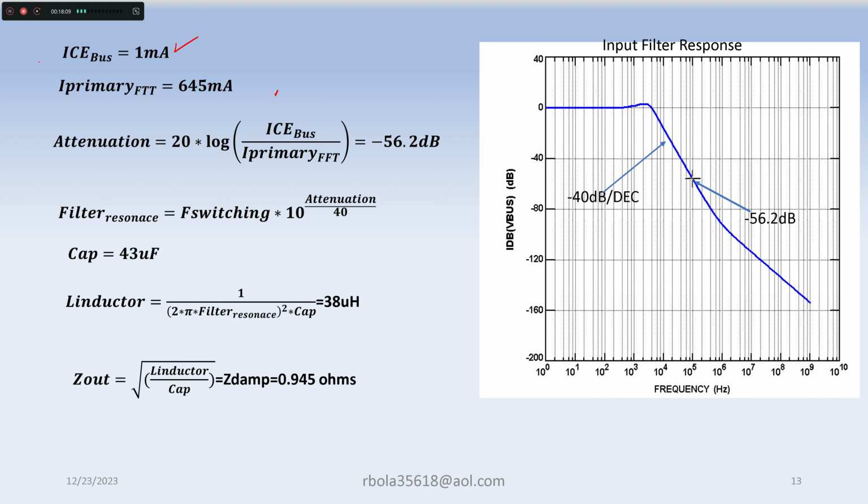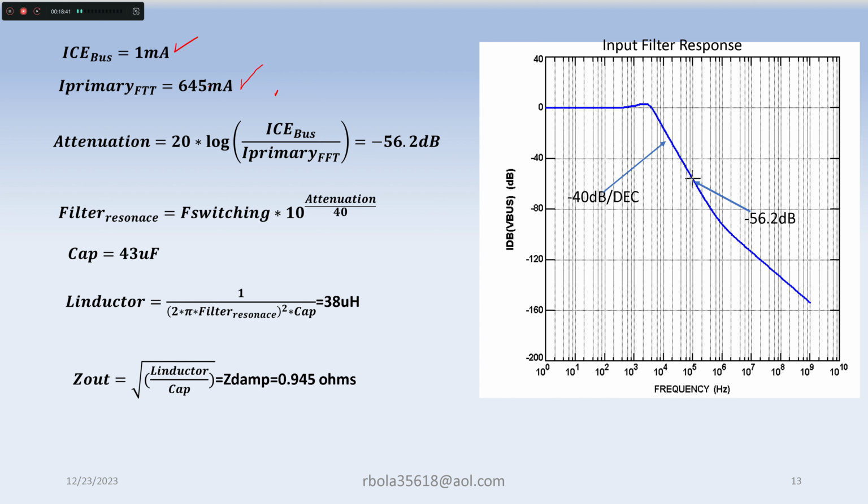Okay, so now that is entered right there. I call it the current conducted emission bus. And then we know what the primary FFT is, we got this from the FFT. So we have these two parameters. So now we want to find out what kind of attenuation we need to achieve this goal.